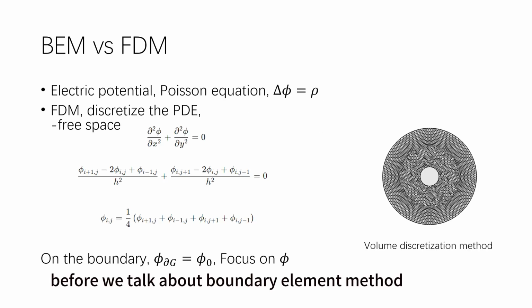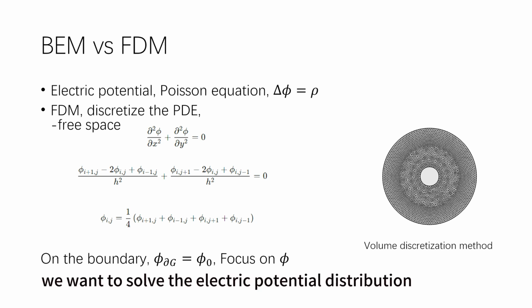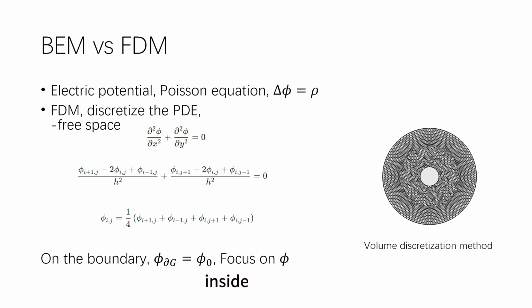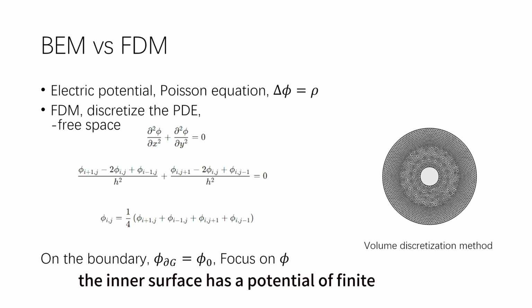Before we talk about the boundary element method, we first recall some volume discretization methods, like the finite difference method. For example, we want to solve the electric potential distribution inside the domain between two concentric circles. The inner surface has a potential of phi naught, and the outer surface has a potential of zero.